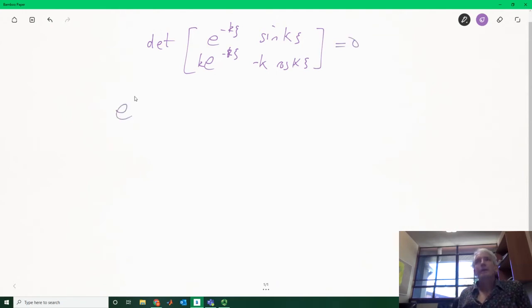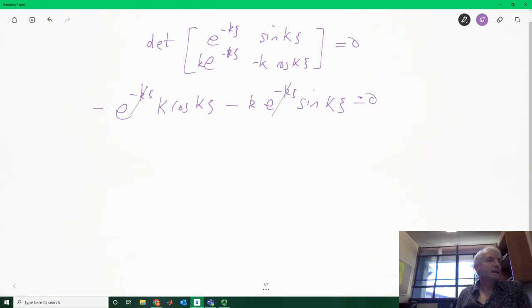So we get e to the minus k zeta kappa cos kappa zeta is minus k e to the minus k zeta sine kappa zeta equals 0. And then we get rid of that, divide it out.